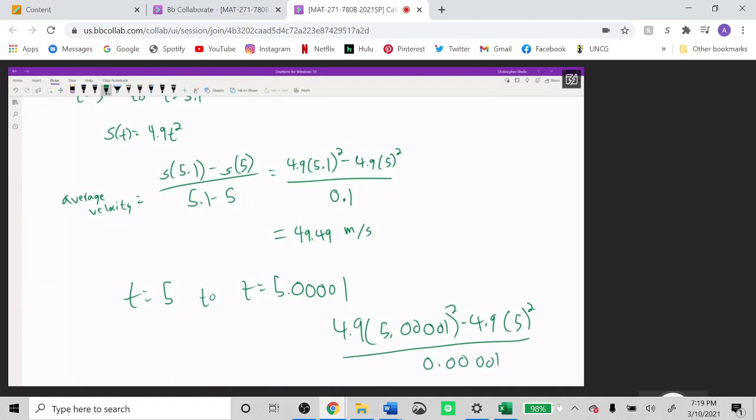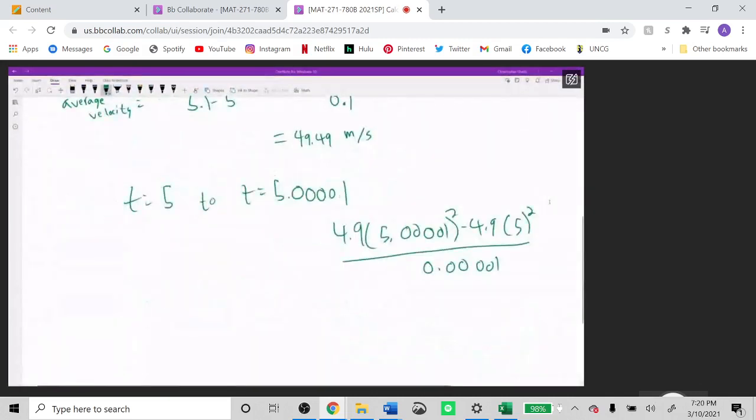Let's crunch the numbers here: 4.9 times 5.00001 squared minus 4.9 times 25, all of this divided by 0.00001. I'm getting that this is approximately 49.0000049.